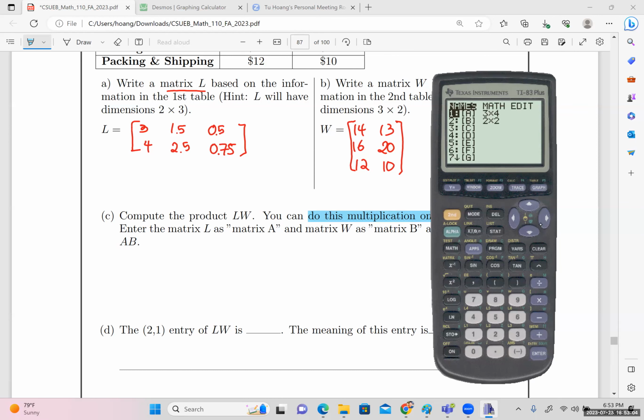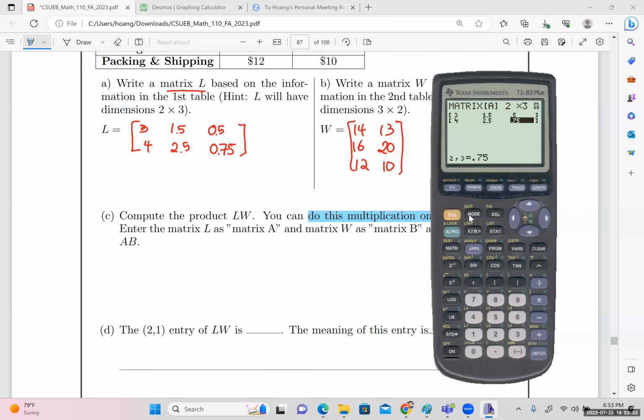Second matrix, go to edit, change matrix A to be 2 by 3, that's L, right? And then 3, 1.5, 0.5, 4, 2.5, 0.75.